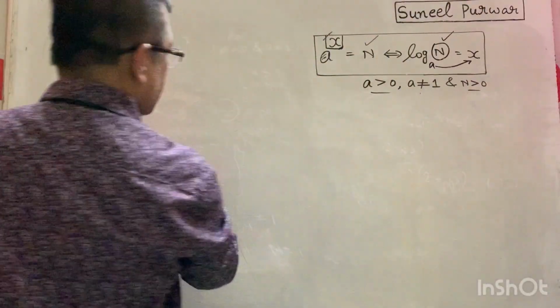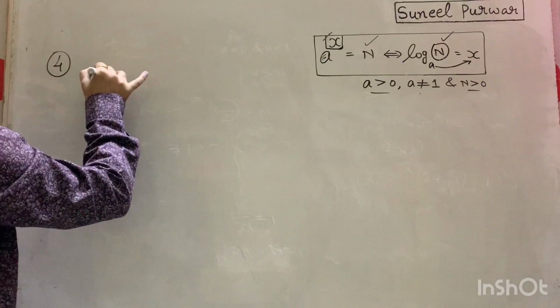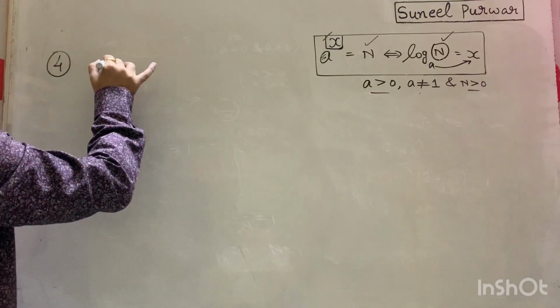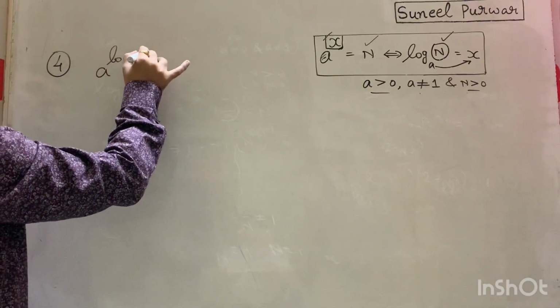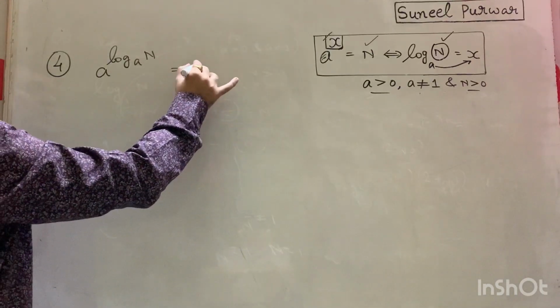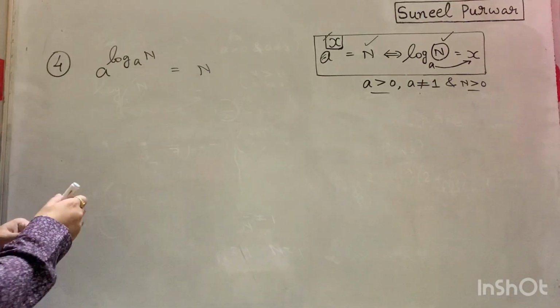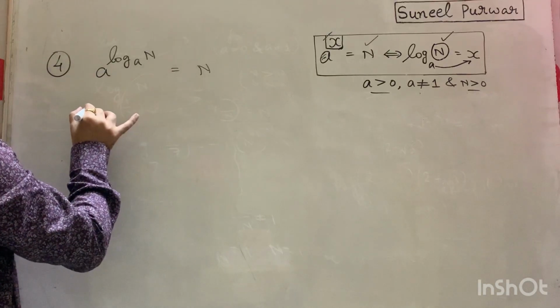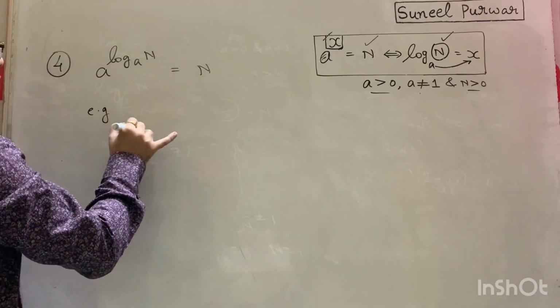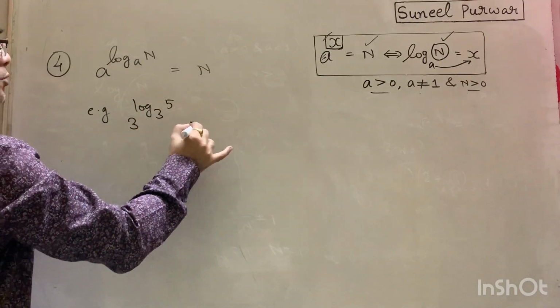Now you see another important observation. a to the power log of n base a is equal to n. Can you notice what are the things? That means 3 to the power log of say 5 base 3 is going to be 5.